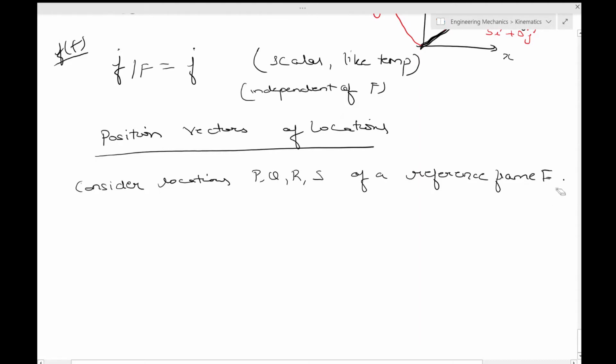F is the reference frame, and you have to consider locations P, Q, R, S over here. I'll just draw them in a minute.